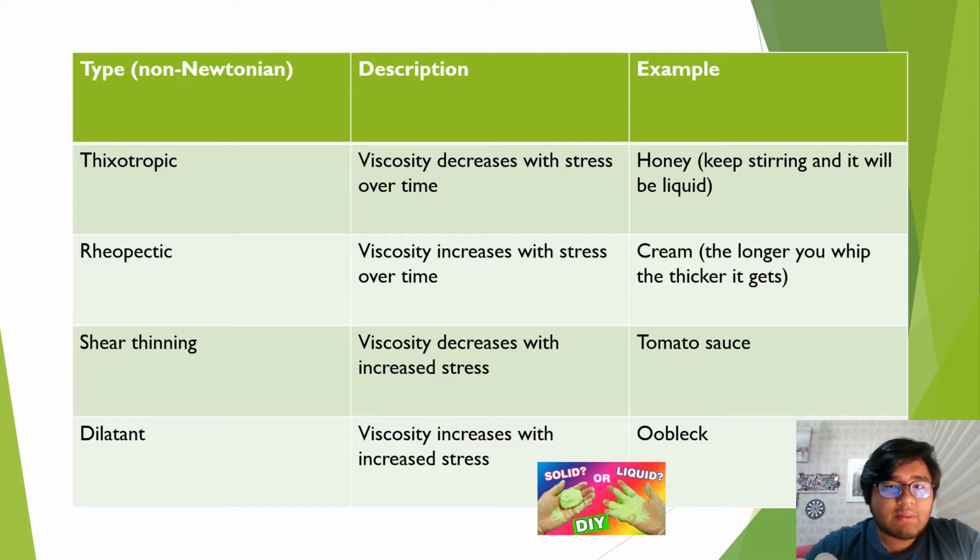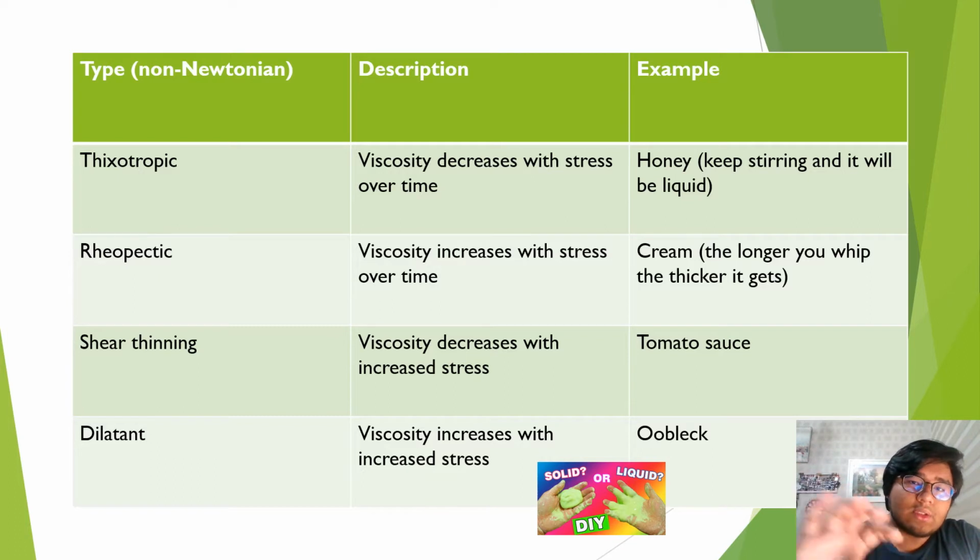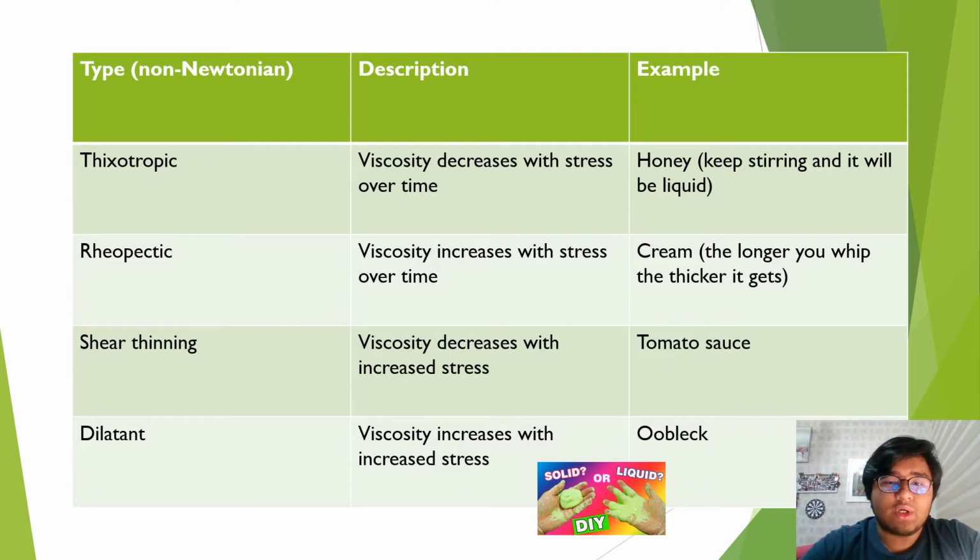When you open up the cover, the sauce will not come out as soon as you open the cover. When you shake the bottle, it will be easier for the sauce to come out. Why? Because it is a shear thinning fluid, because the viscosity decreases when you increase the stress. Okay, you shake more, so the sauce will be easier to come out.